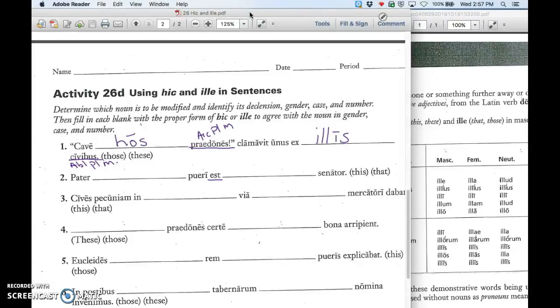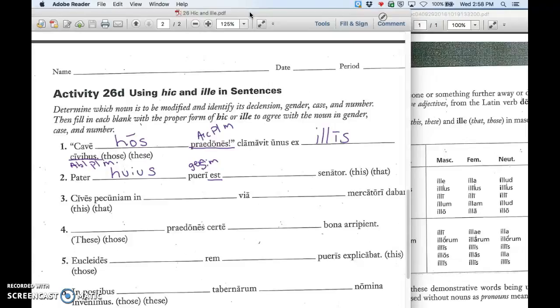So pueri has to be genitive, and it has to be singular, masculine. So now we need genitive, singular, masculine of this, which is hic, hoc. I'm not going to go back and show you the chart here because I know what they are, and you can look them up a little bit later. So we know that that is going to be huius.